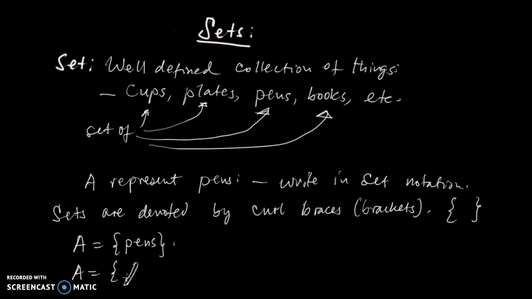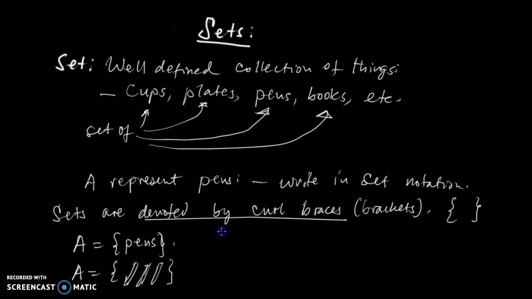If they are in pictures, draw them like this. So A represents the pens, right? So we say that sets are denoted by curly braces. It's very important to remember this. These are the curly braces we talk about. So sets are represented by curly braces.